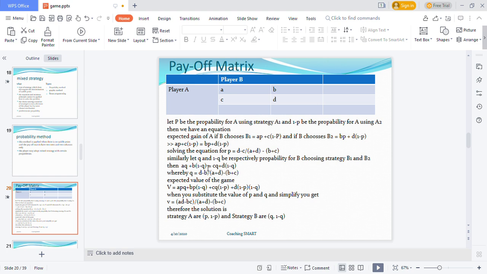Similarly, let Q and 1 minus Q be respectively the probability for B using strategy B1 and B2.